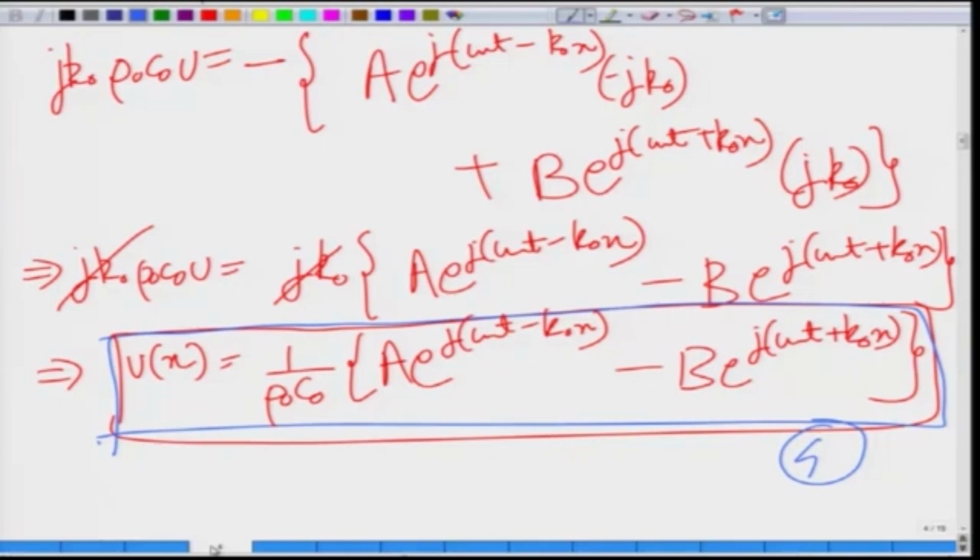So, the thing to be noted here is the quantity rho naught C naught in the denominator, the one that I am underlining. I was just mentioning this a while back and also in the last lecture: it is the characteristic impedance.